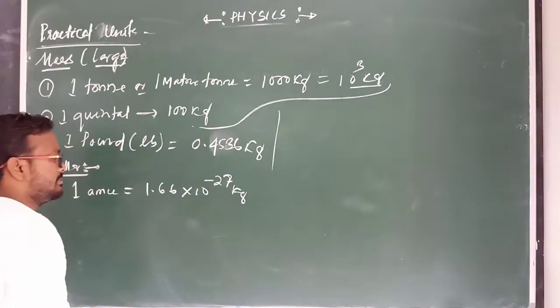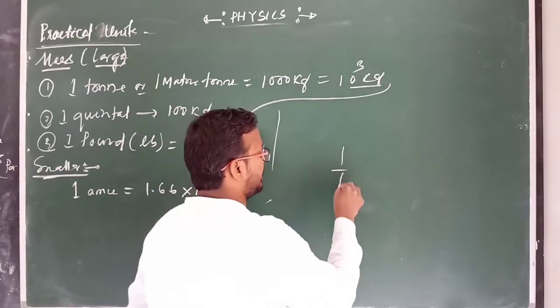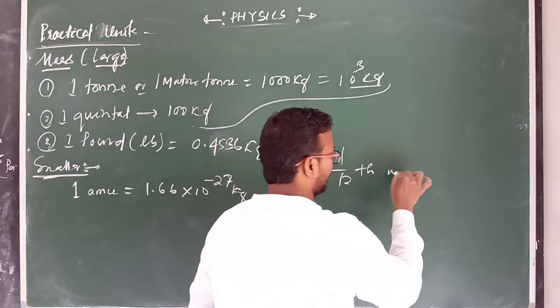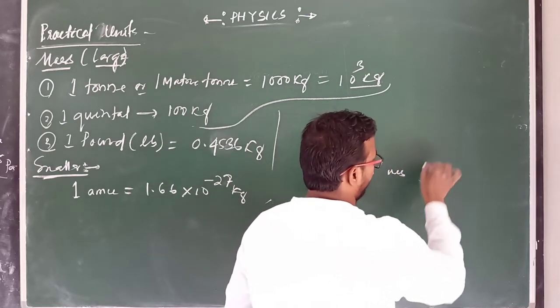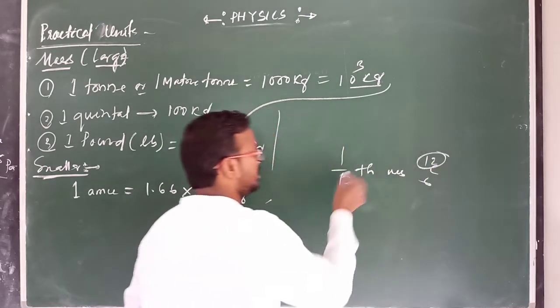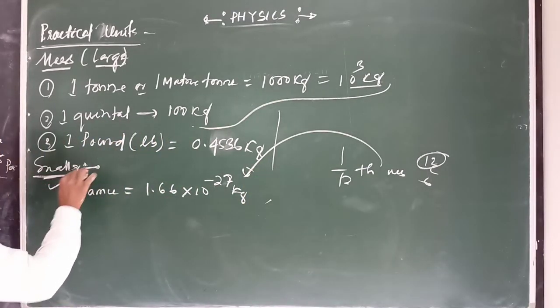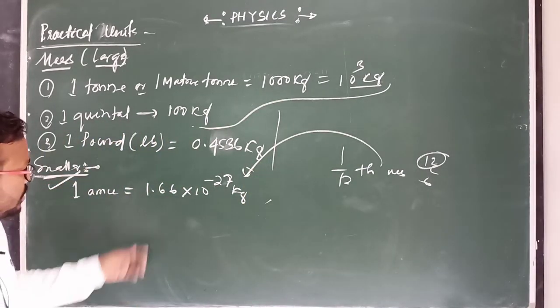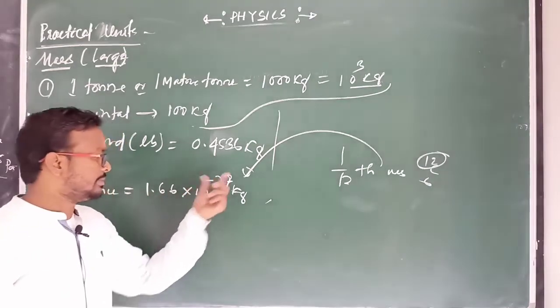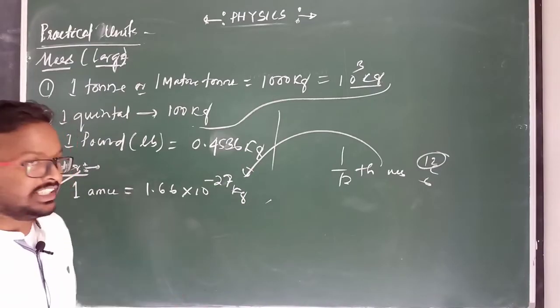This atomic mass unit is 1 by 12 of the mass of a carbon atom. Clear? You just have to remember this relation.